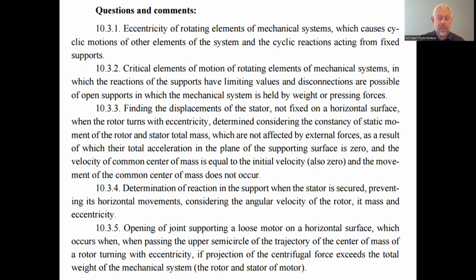And if the mechanical system does not have an initial horizontal velocity, then it will have only oscillations in the horizontal direction along the smooth surface.